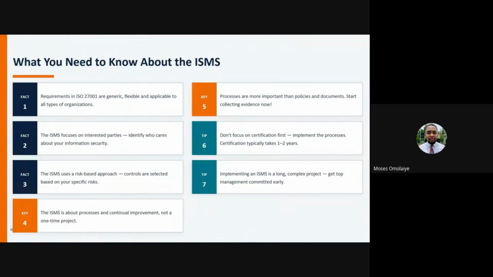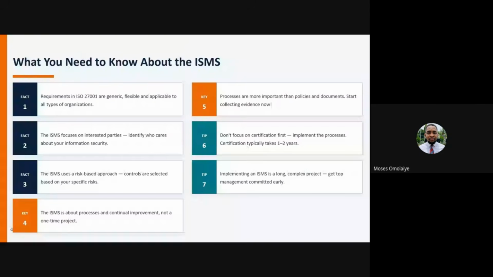So number one is that the requirements, and this is a fact, the requirements in ISO 27001 are generic. As much as they are generic, they are flexible because, like we said, they apply to any size of organization, any sector, and they're applicable to all types of organizations.